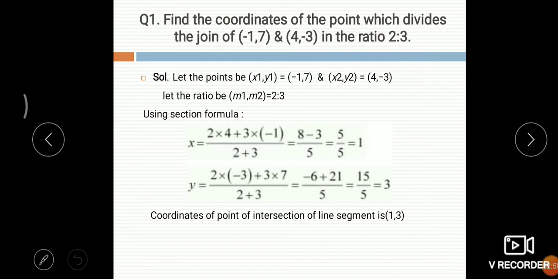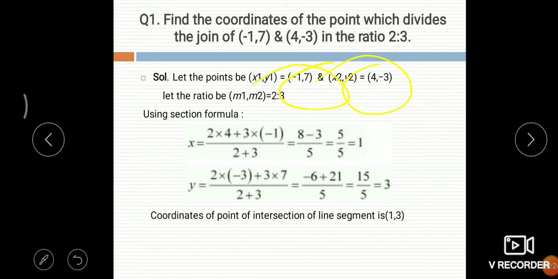Now focus on the substitution of the values. When you are calculating x, we will be substituting just the x coordinates, like m1 into x2 plus m2 into x1, and these are the points which we have assumed above, right?